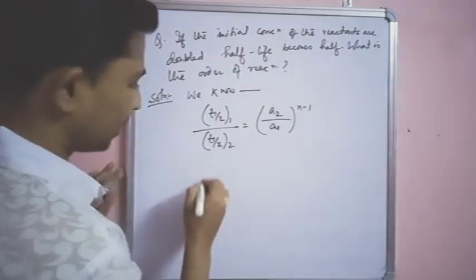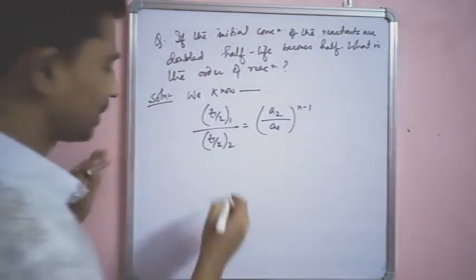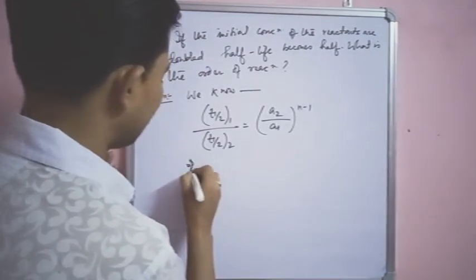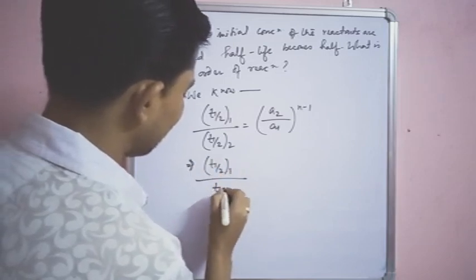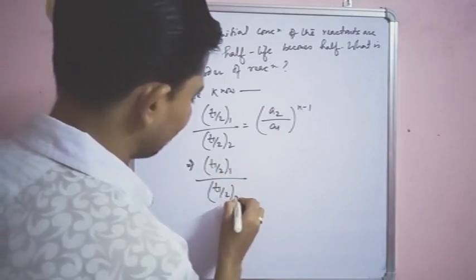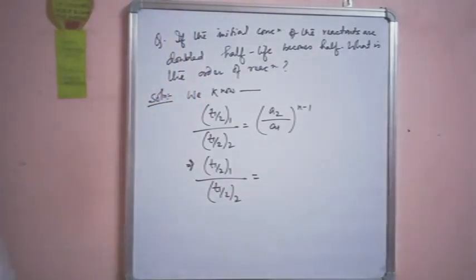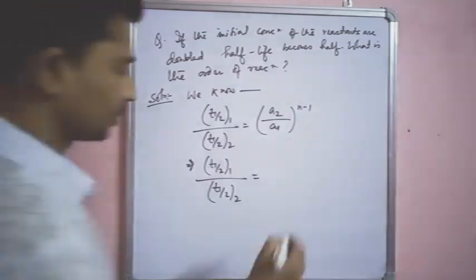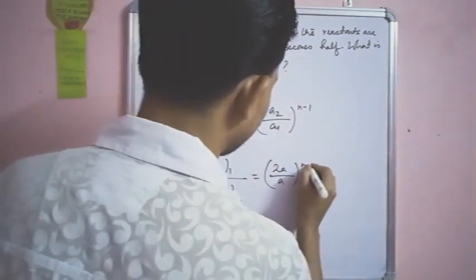So now it is given that T half 1 by T half 2 is equal to this, ये double हो जाएगा. So twice A by A to the power n minus 1.